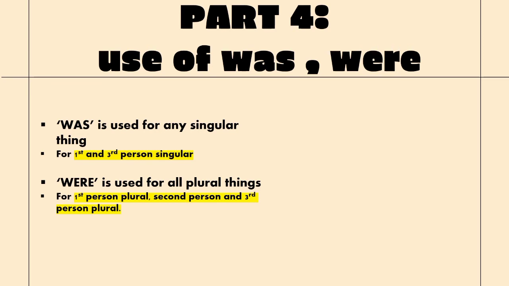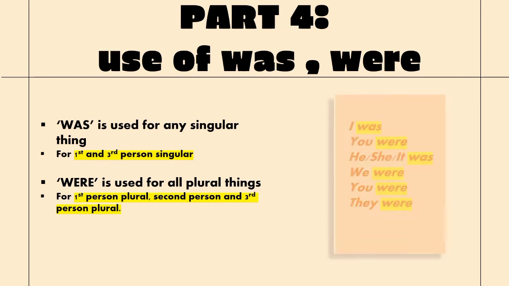So the easiest way to remember these is to remember what is used with the minimum things. Like was is used with first and third person singular, so it is easy to remember. Just remember was is used with first and third person singular, so with everything else were is used.